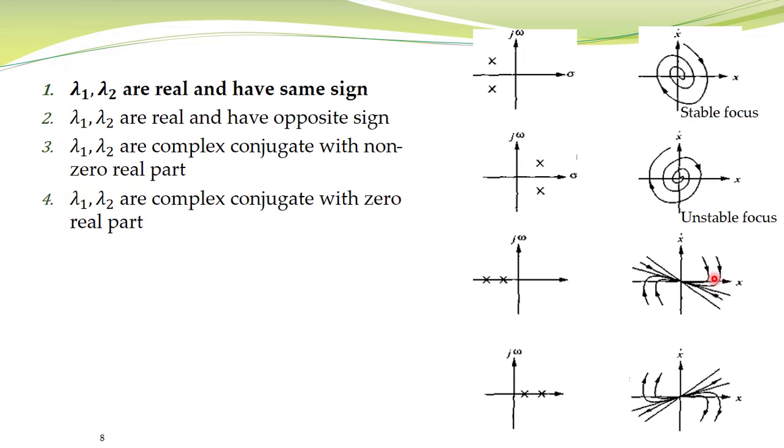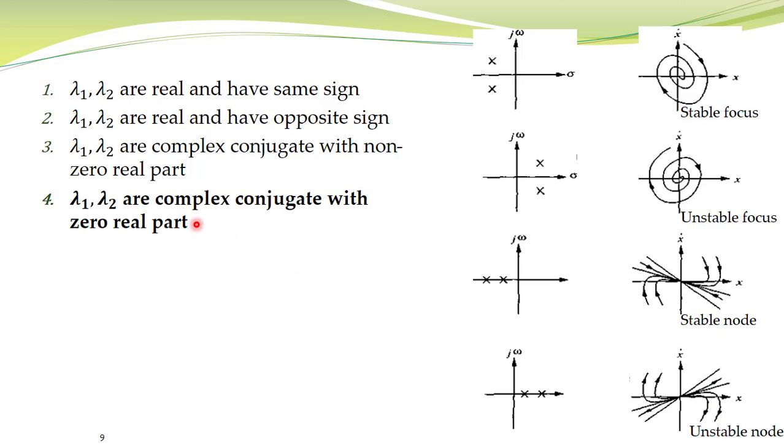For stable case, trajectories finally converge to origin. For unstable case, trajectories grow to become unbounded. Is it clear? So this kind of phase portrait, that is node. We have two possibilities, stable node and unstable node. What is situation corresponding to this thing?